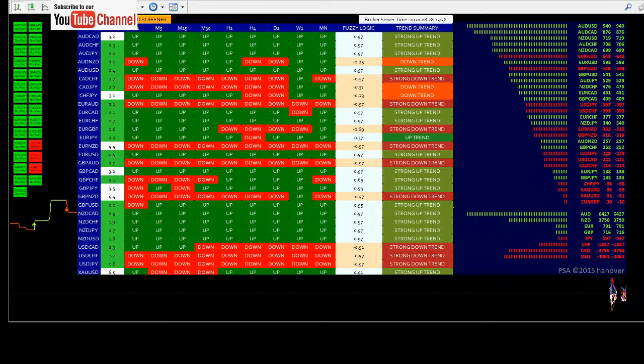GU is at support. Unless we break this, there's no trade. You see this breakout, this retest, continuation. Now you have to wait for the same thing, just the opposite way for downside.